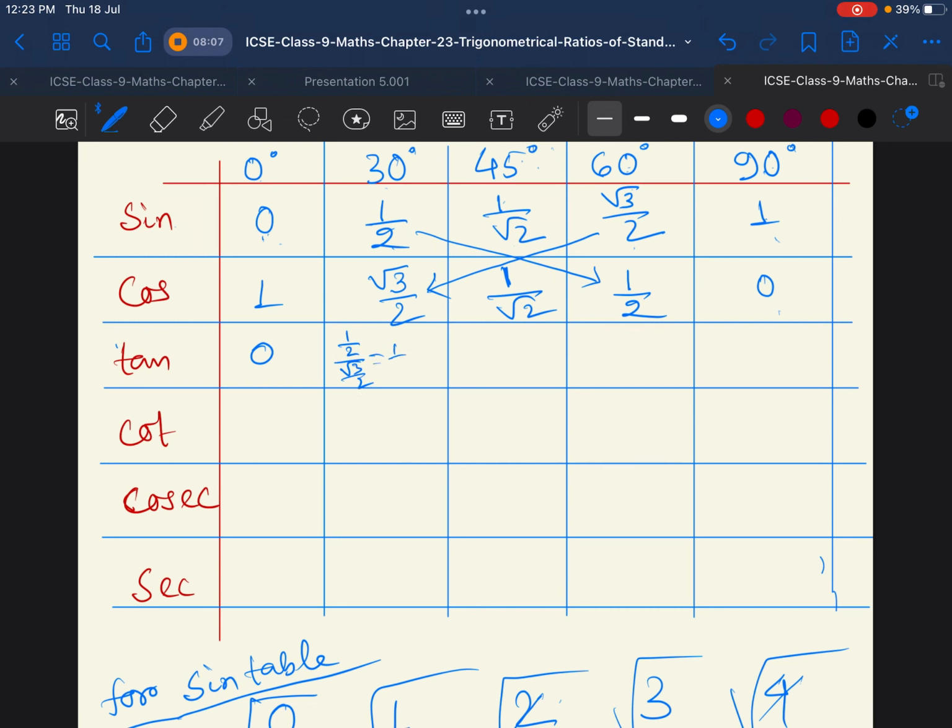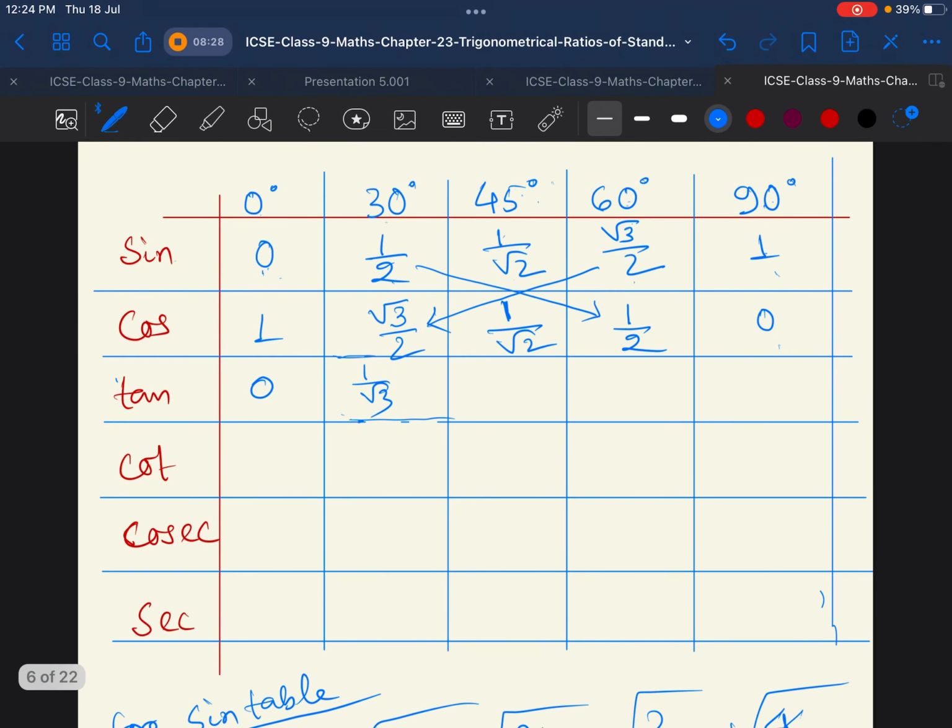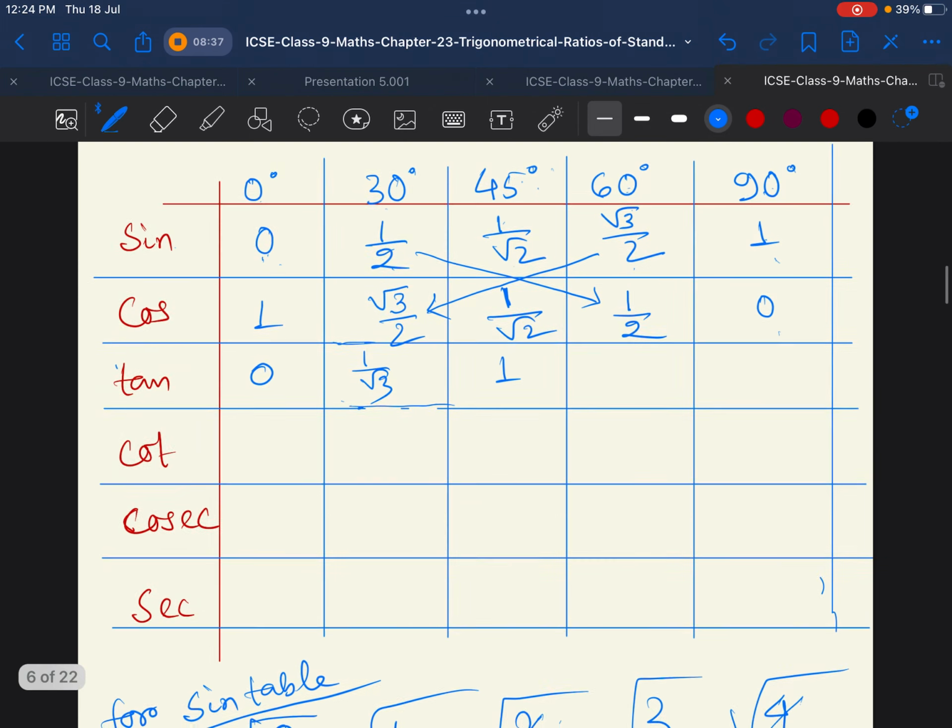The 1 by 2 changes to 2 by root 3, so this value will be 1 by root 3. Now tan 45: 1 by root 2 divided by 1 by root 2 will be 1.